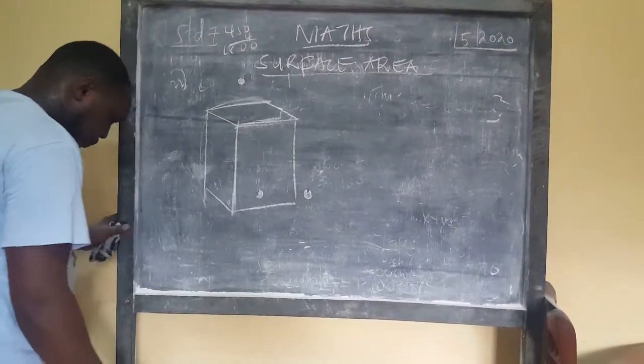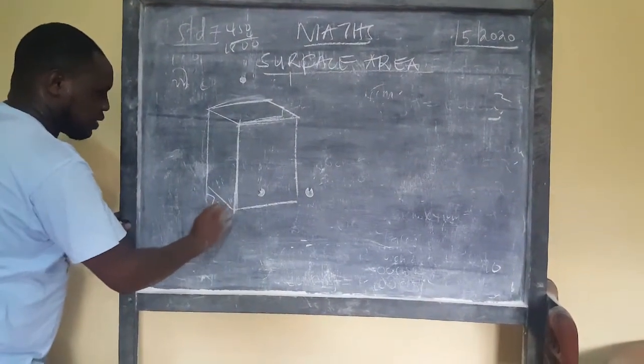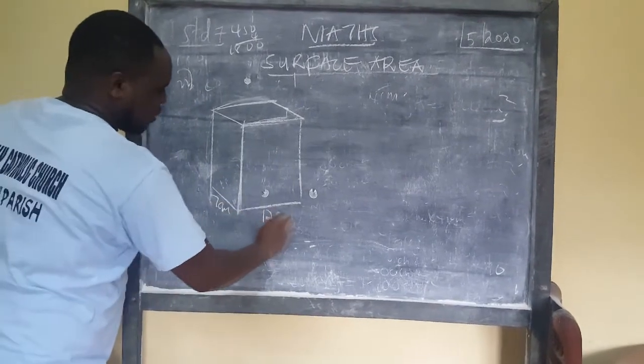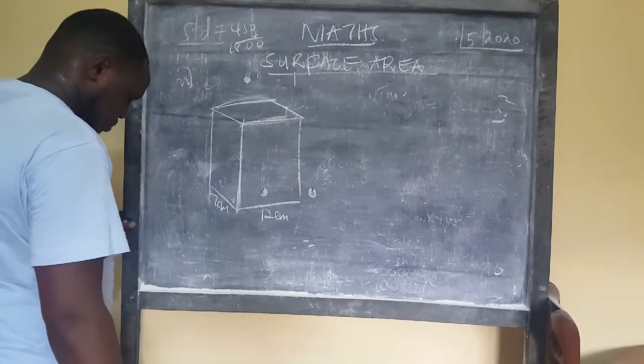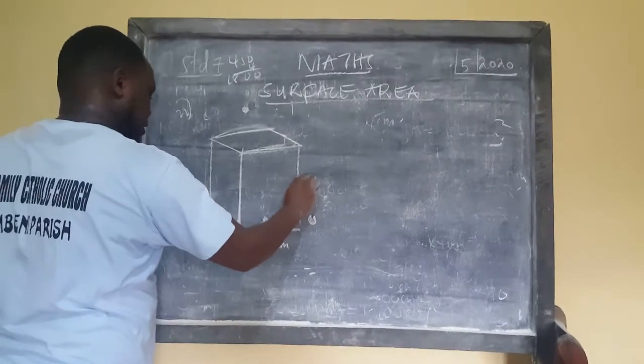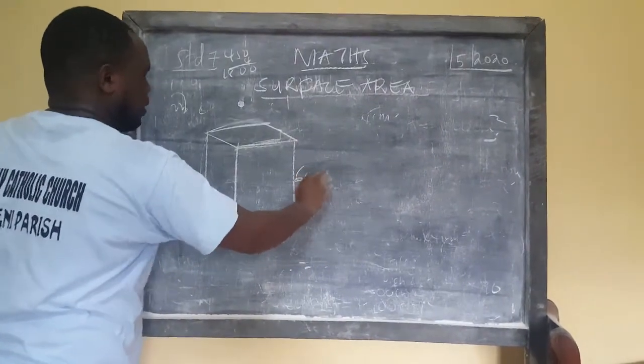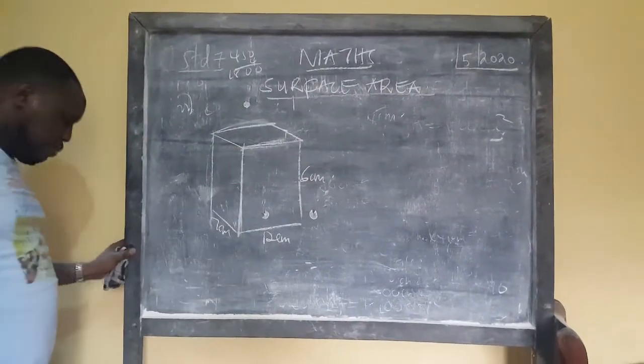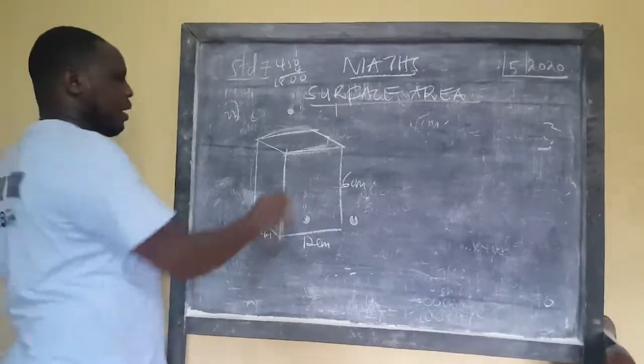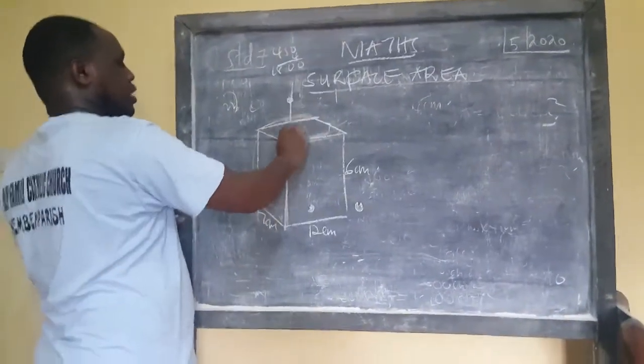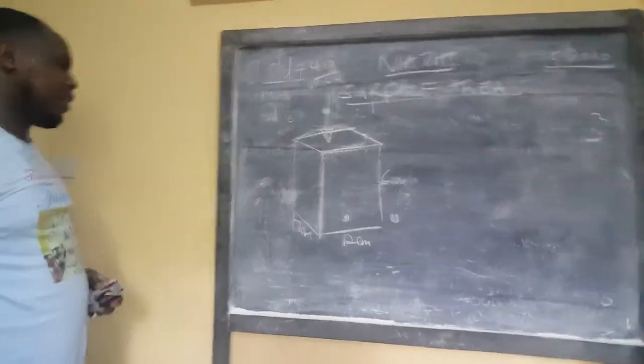That figure measures 7 centimeter by 12 centimeter, and then by 6 centimeter. So as you can see, this one is open, this one is not there. So it's an open figure.